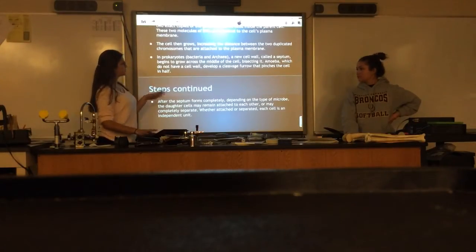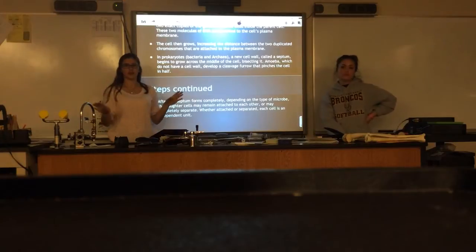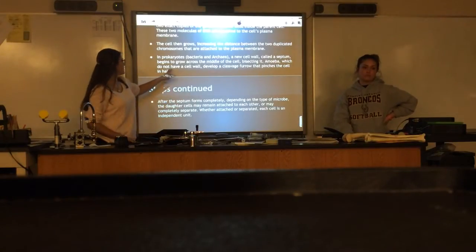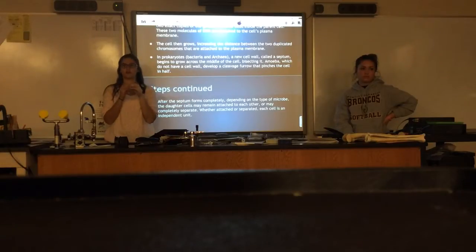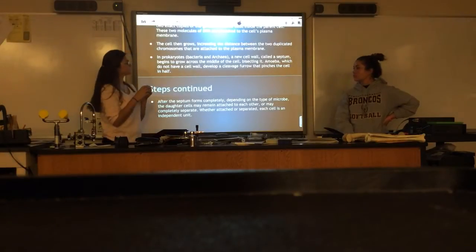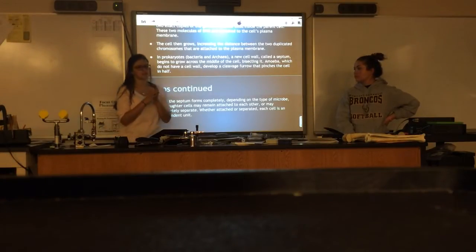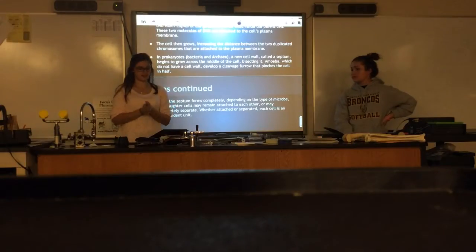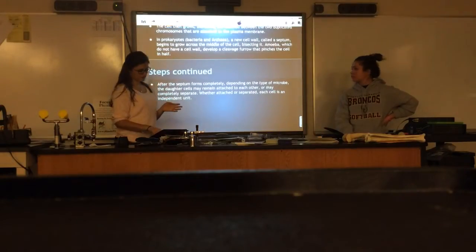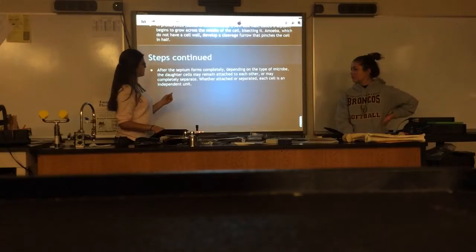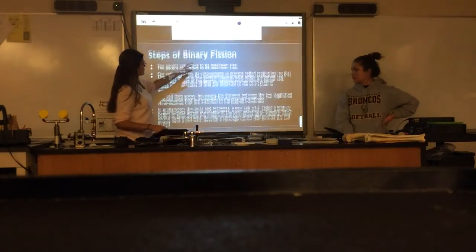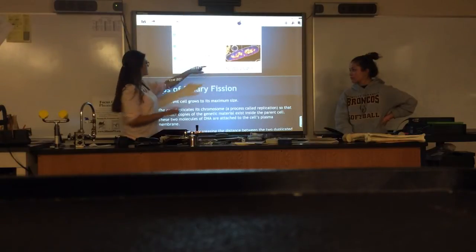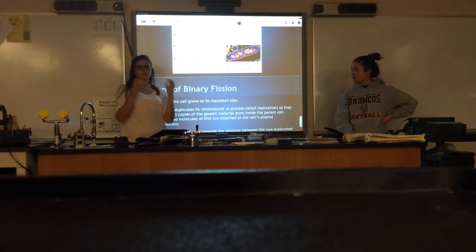Some prokaryotes don't have this and use the cleavage furrow that pinches the cell in half, but most prokaryotes just use the septum, which is the cell wall that divides it in half. And after the cell wall is completely formed, the cells are separated into two. So that's how they become two separate cells.